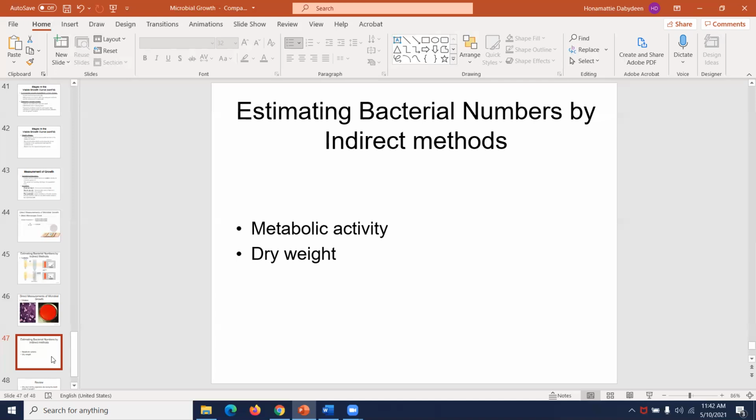So if we know what one organism weighs, and we have tons of organisms that we can dehydrate and weigh, then we can estimate from the weight how many organisms are in that container. So those are some indirect ways of measuring growth.